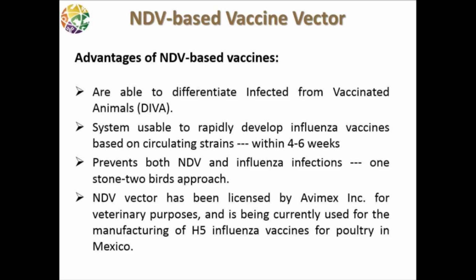It also prevents both NDV and influenza infection in poultry. We are fortunate to work with our industrial partner, Avimex, who has a license for this technology, acquired from our collaborators at Mount Sinai School of Medicine.